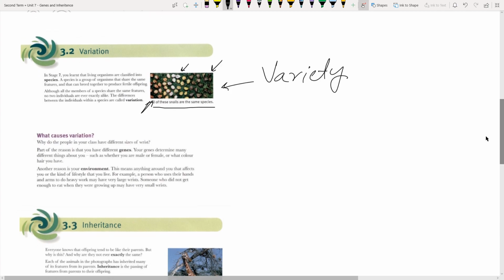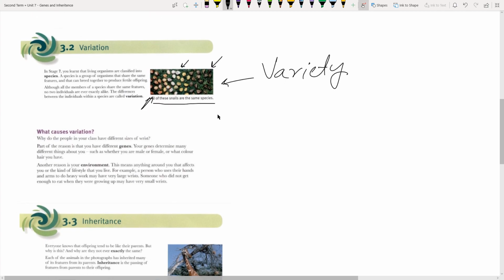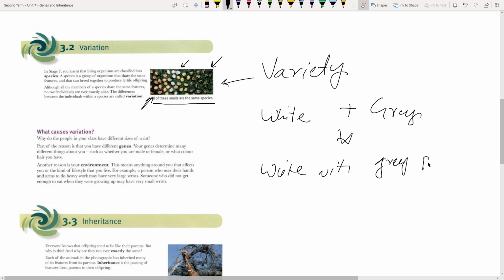So usually, how does variety occur? Let's take the example of cats. Let's say there was a white cat, right? If we breed a white cat with a gray cat, we are going to get several forms. Maybe white with gray patches, right?